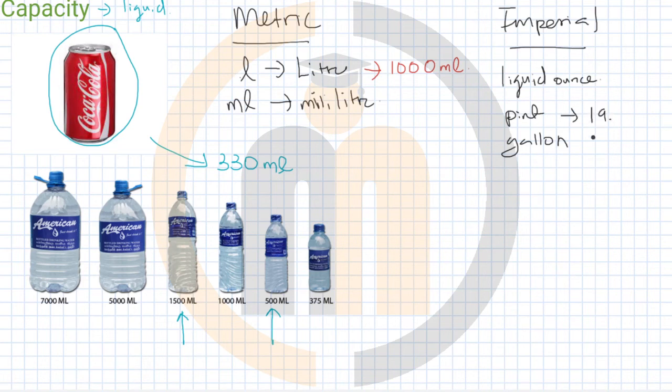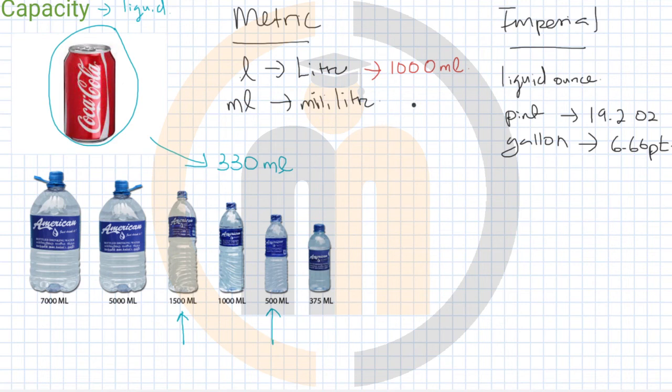So 1 pint would be equivalent to about 19.2 ounce. Ounce has a symbol, OZ, and 1 gallon would be about 6.66 pint. You can see the numbers are very complicated, so we can ignore this. I'm just introducing it to you.